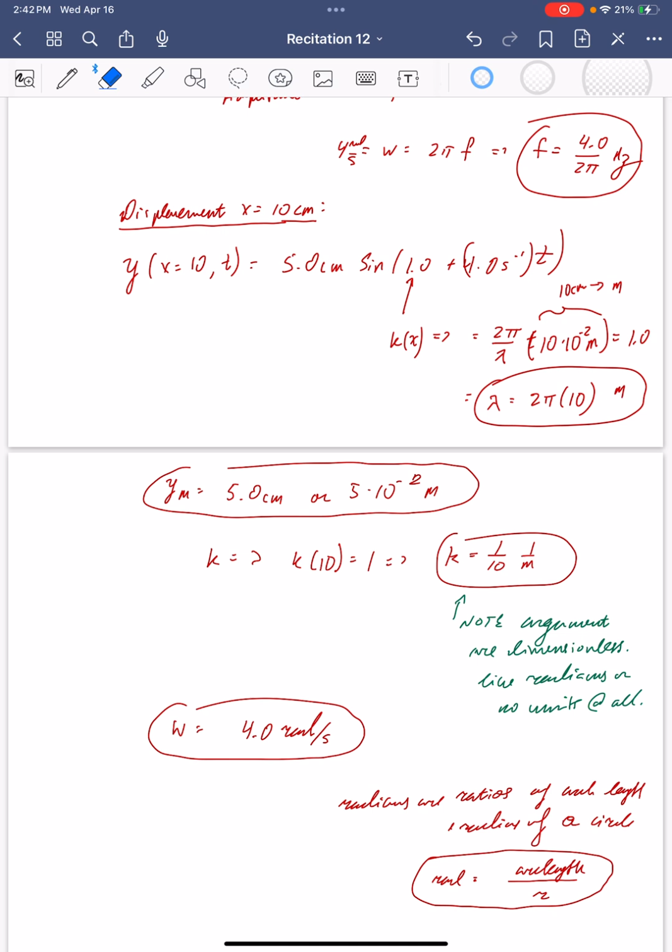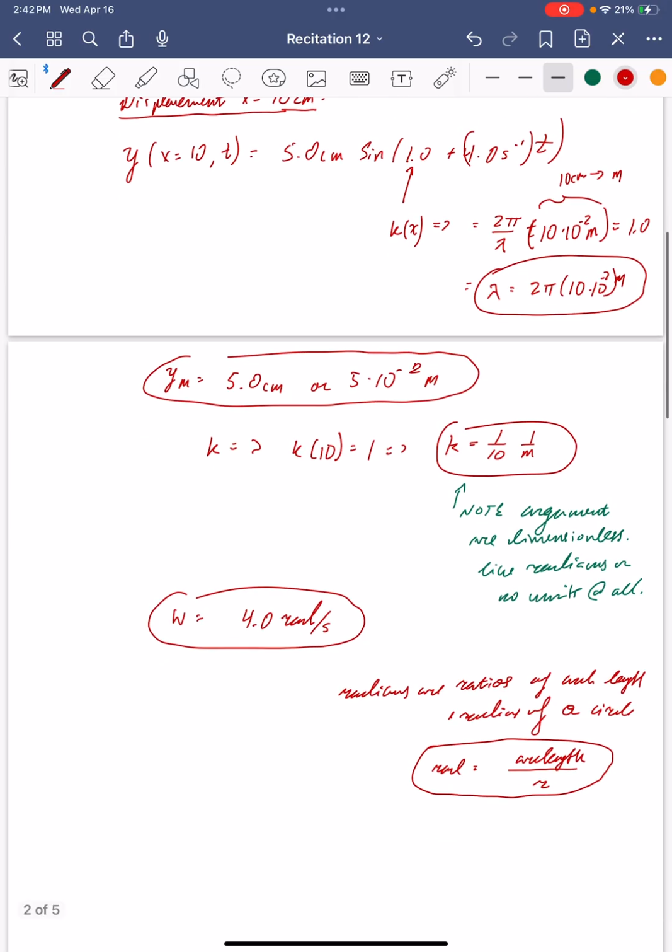What we're going to do now is multiply both sides by lambda to solve for lambda, which is our wavelength. And so our answer is going to be 2 pi times 10 to the negative 2 meters.